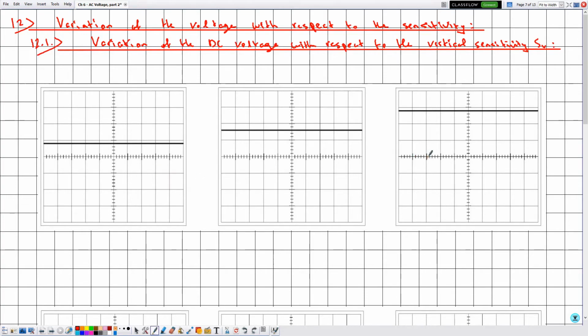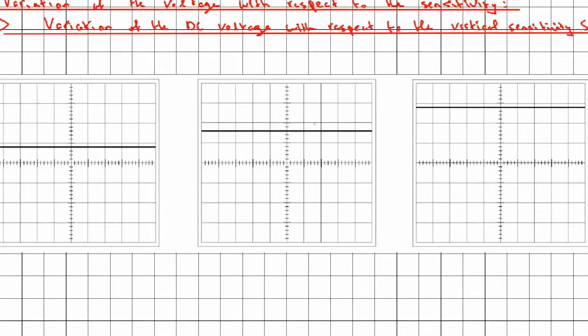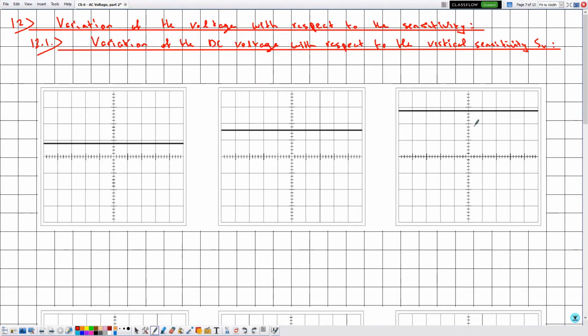So here in the following cases, we have the screen of the oscilloscope, and in this case, the measured voltage is a DC voltage source. In this case, it's positive, also here and also here. But in each case, the number of divisions is different.